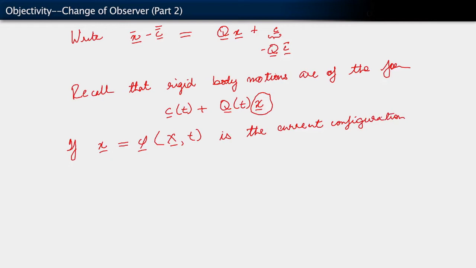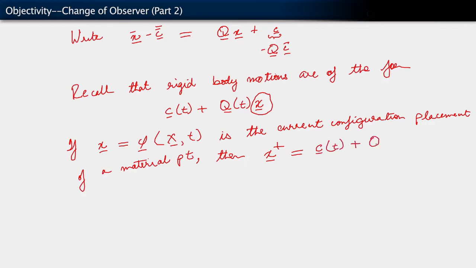If x equals phi of X comma t is the current configuration placement of a material point, so the point that began at capital X is now at little x equals phi of X comma t, then x plus, which I'm going to now write as c, maybe a function of time, plus Q, a function of time, times x, is a rigid body motion on the current configuration.